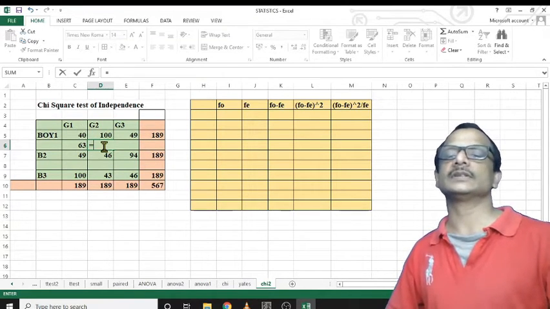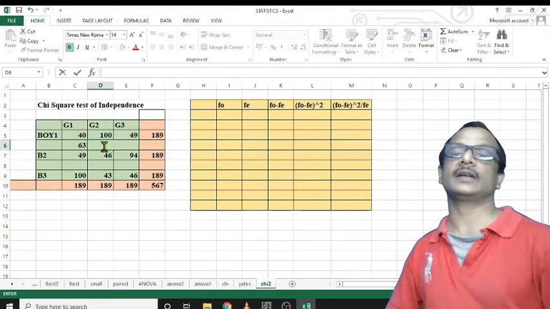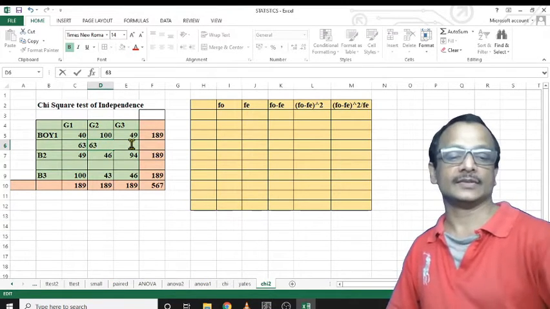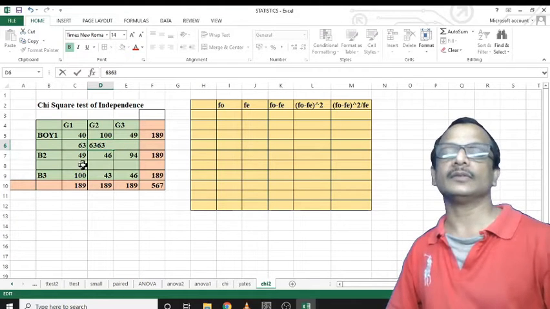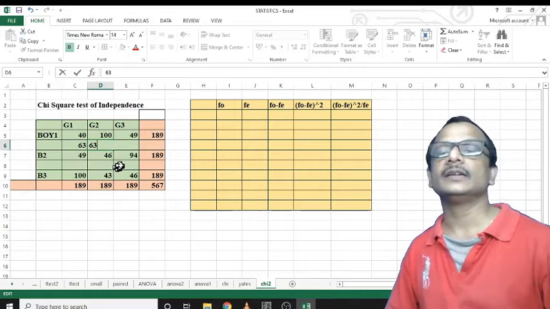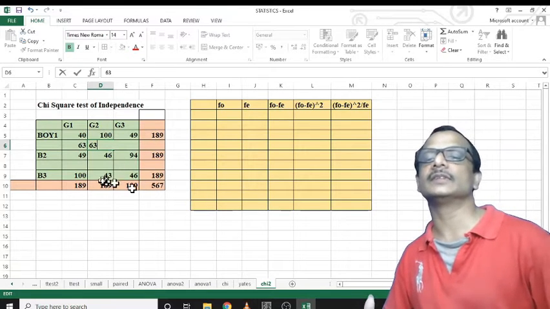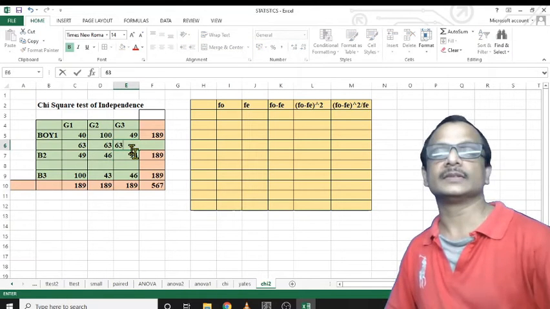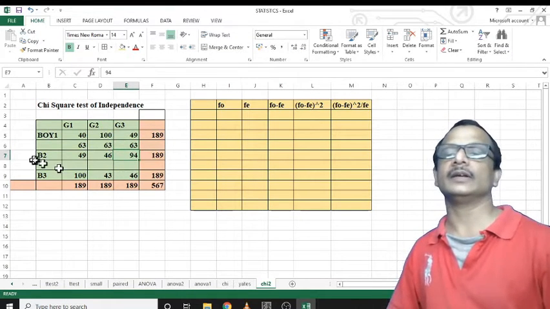But fortunately, in this particular case, the expected frequency is the same for all the cases. 189 into 189 divided by 567 provides 63 in all the areas.